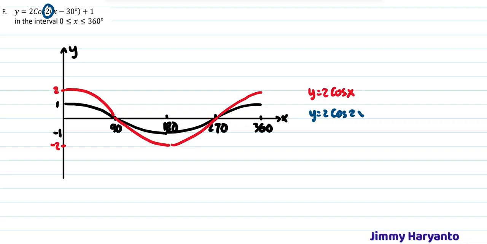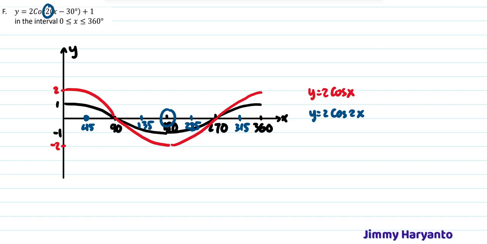Okay, this is y equals 2 cos x, and then I want to draw y equals 2 cos 2x. 2x means multiply all of the values of x by half. So I think we will need 45, 135, 225, and then this one is 315. Okay, so you have to multiply it by half. This point, which is 90, will be 45.